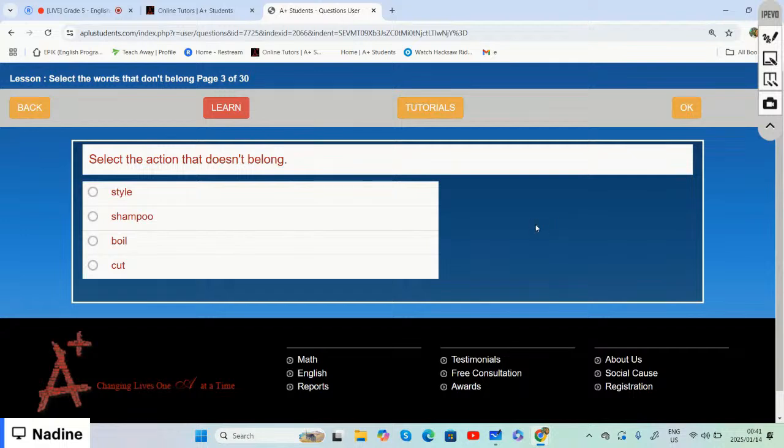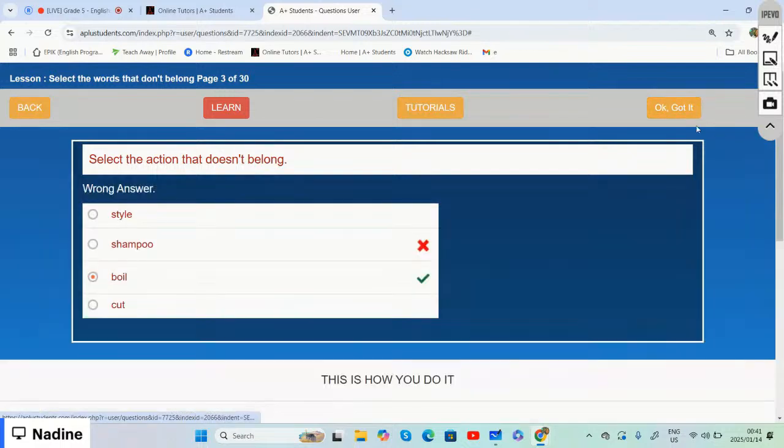All right. So we're going to select the action that does not belong. So everybody says shampoo. Let us do shampoo. You see, look at that is why I said again, look at the actions that don't belong.